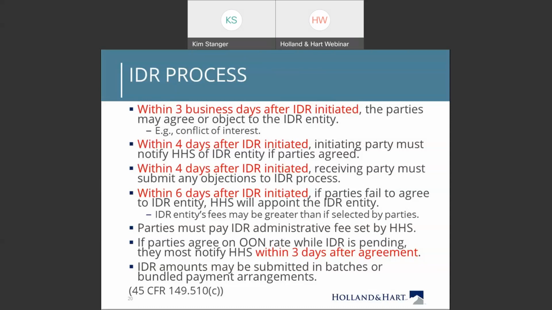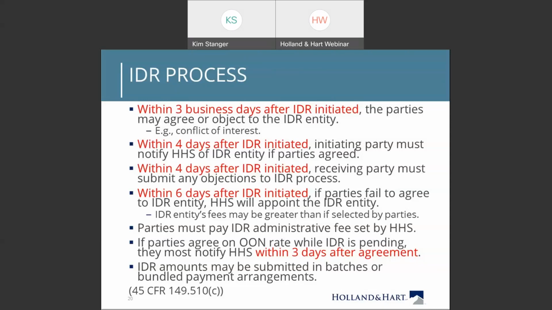As part of the IDR process, the parties have to pay the IDR administrative fee that's set by HHS, not the IDR entity's service fee, but the IDR administrative fee that HHS sets. Now, once they begin that IDR process, if the parties negotiate among themselves and come to an agreement on the out-of-network rate that is going to be paid, then they have to let HHS know within 3 days of that agreement so HHS can stop the IDR entity.